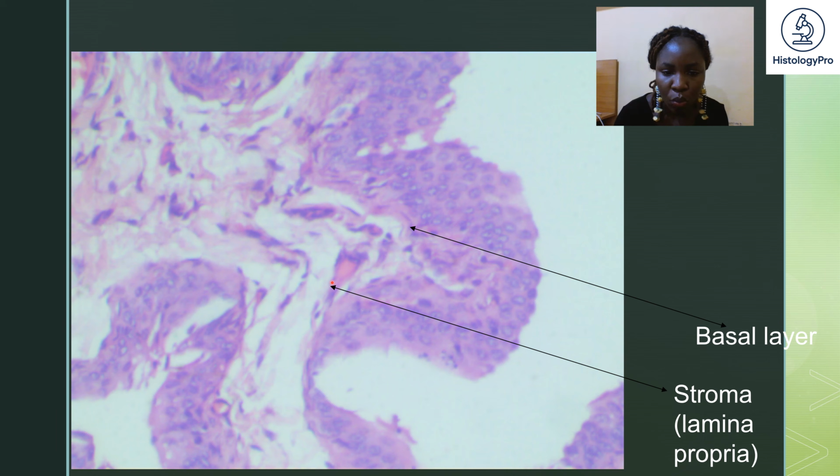This is the lamina propria, also known as stroma. Then this layer is known as the basal layer, close to the basement membrane, and we can see the upper superficial layer, still flat squamous cells, no keratin, no dead cells, no keratin filaments.